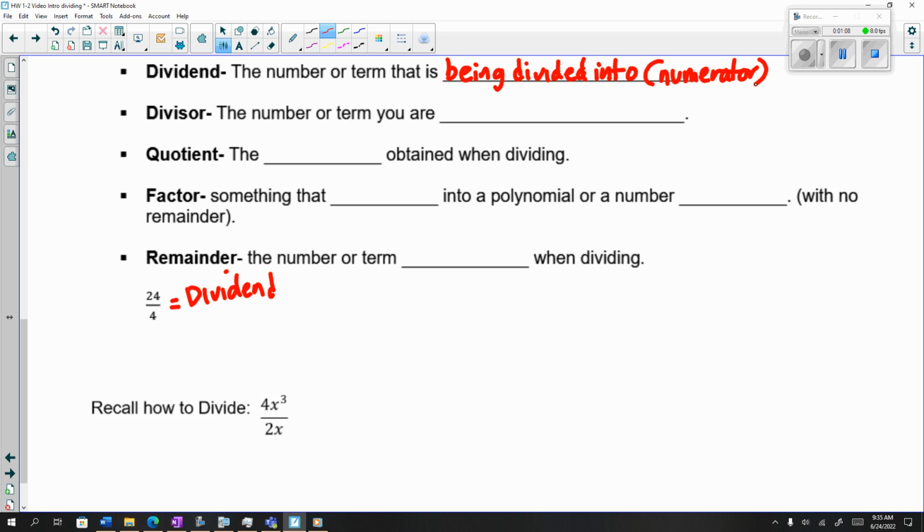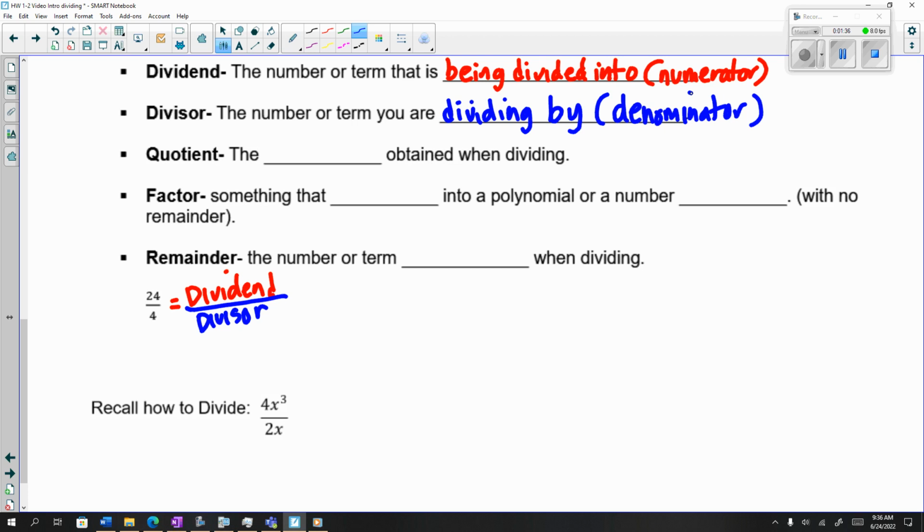So that's the dividend. Now, what am I dividing by? That's called the divisor. So in this case, it's 24 divided by 4, so 4 is the divisor. So the number or term you are dividing by is called the divisor. And that's the bottom of the fraction, which is the denominator of the fraction.